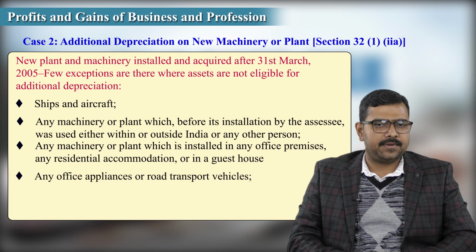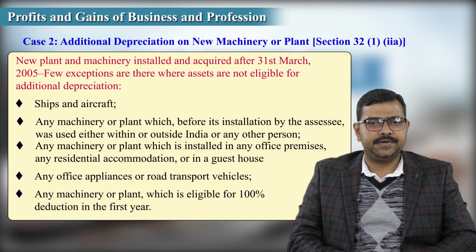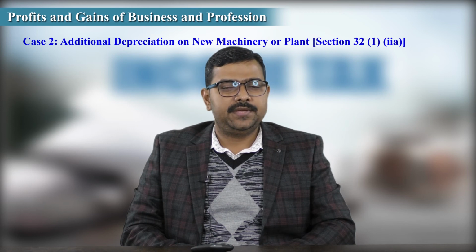Point D, any office appliances or road transport vehicles. Point E, any machinery or plant which is eligible for 100% deduction in the first year. If there is machinery or plant which is eligible for 100% deduction in the first year, then additional depreciation shall not be available. So in points A to E, additional depreciation shall not be available.